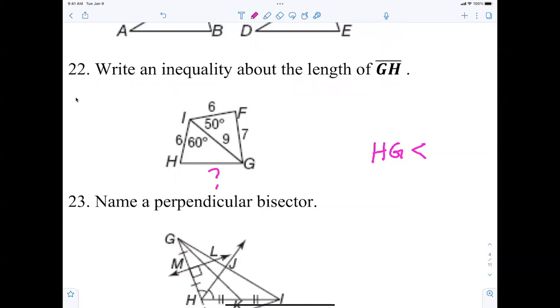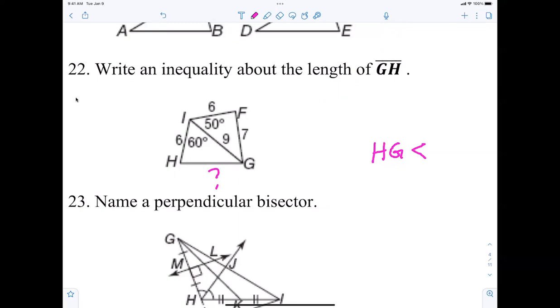Help me out. Tell him. Nope. Greater than. But listen, I said, look at the Hinge theorem first.